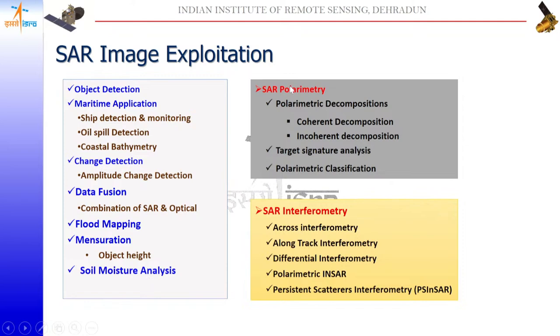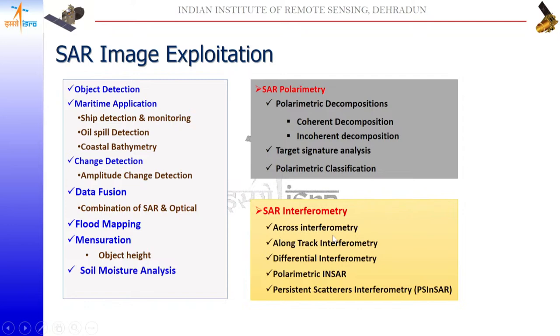With SAR polarimetry and interferometry, we can work with single pole data also, but if we have the phase data too, we can do both SAR polarimetry and SAR interferometry. In SAR polarimetry we can do decomposition, signature analysis, and classification, and interferometry I will cover later.